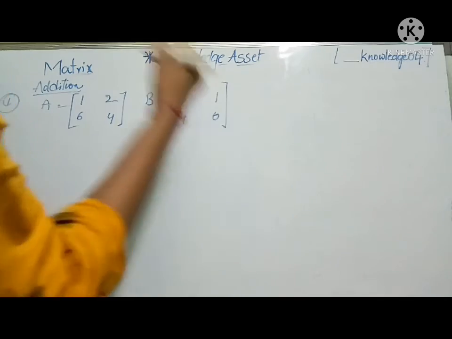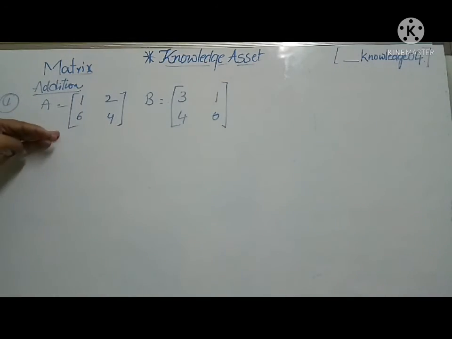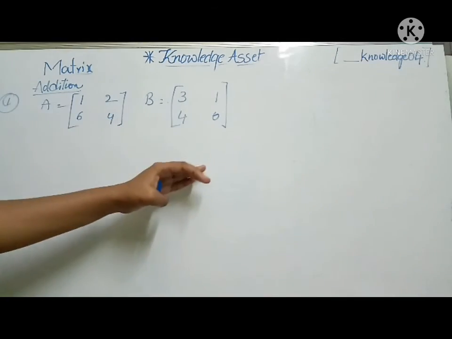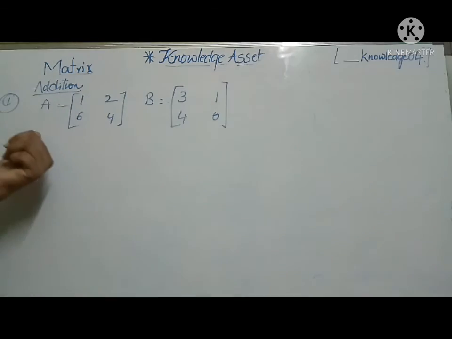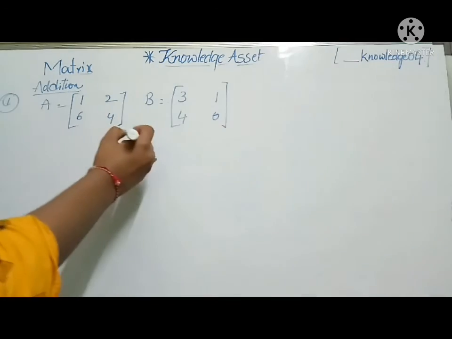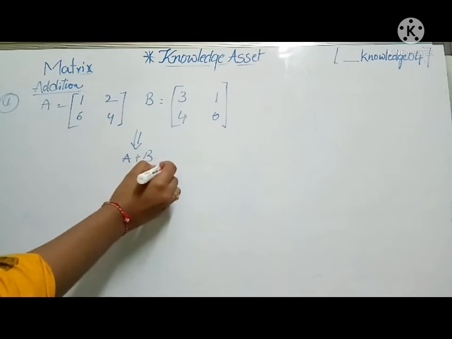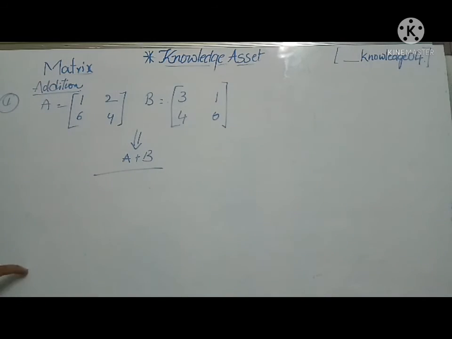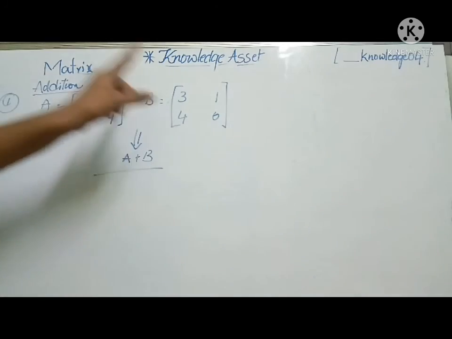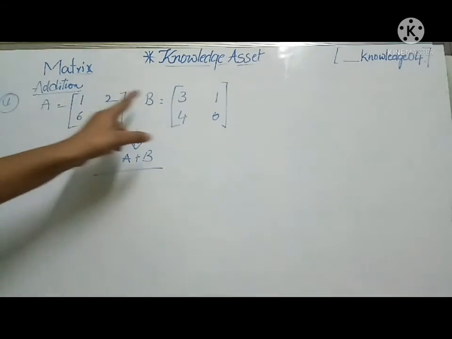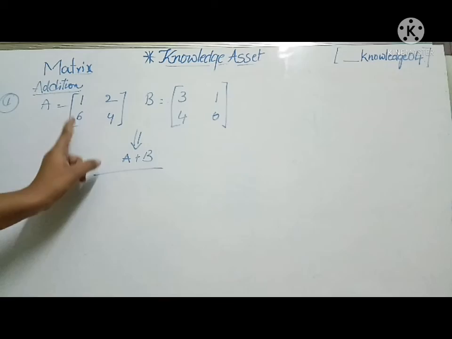6. Okay, A and B are two matrices of the same order, then their sum A plus B is defined to be the matrix of the same order, obtained by adding the corresponding elements of the two matrices.